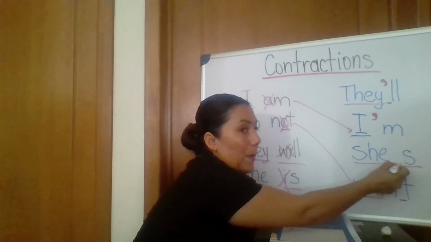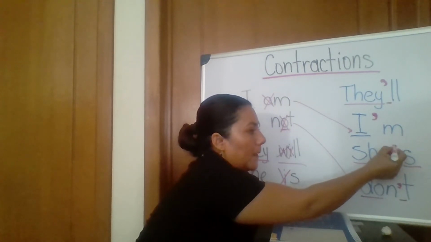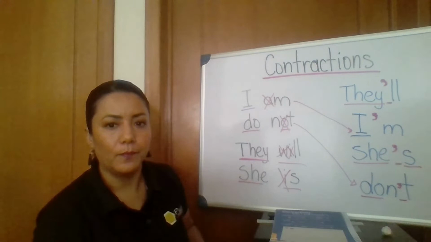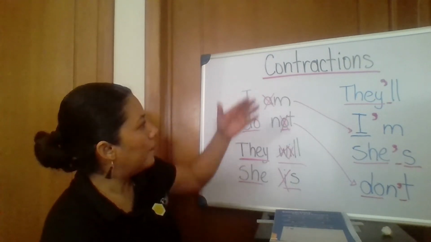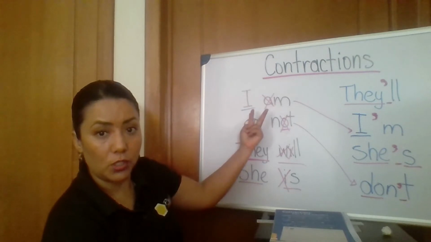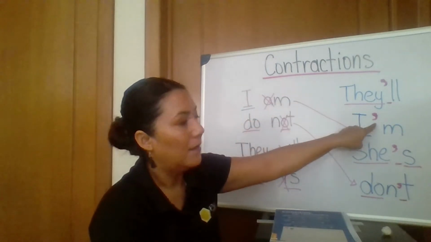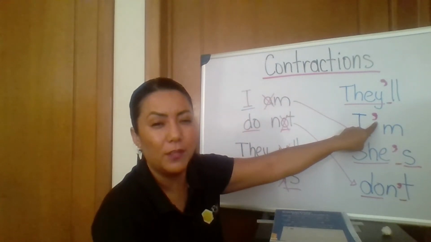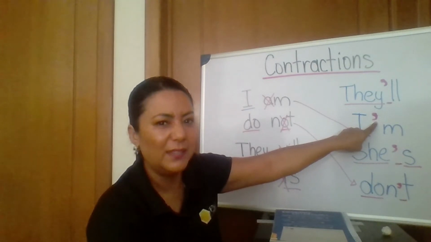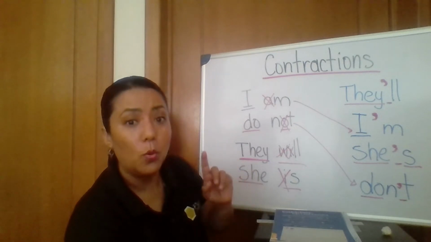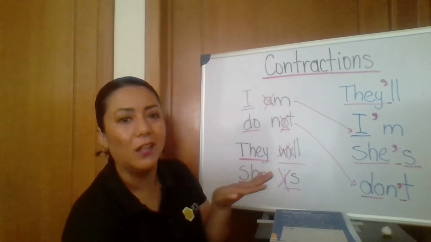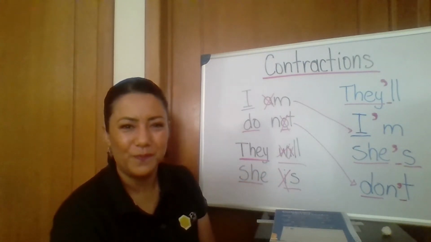And in this space, what do we put? Apostrophe. Okay? So, now we just remembered two words combined with an apostrophe. We call that contraction. And in English, we use contractions a lot to go faster.